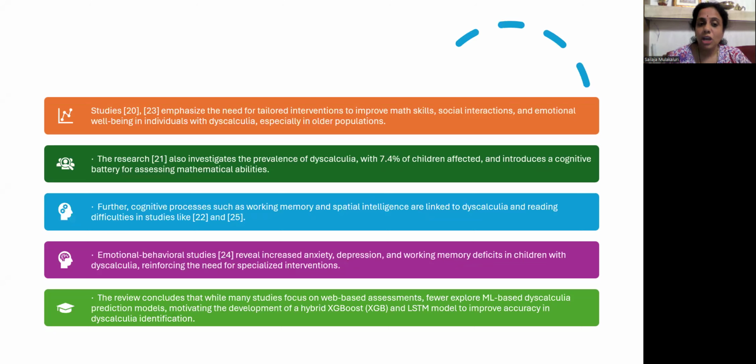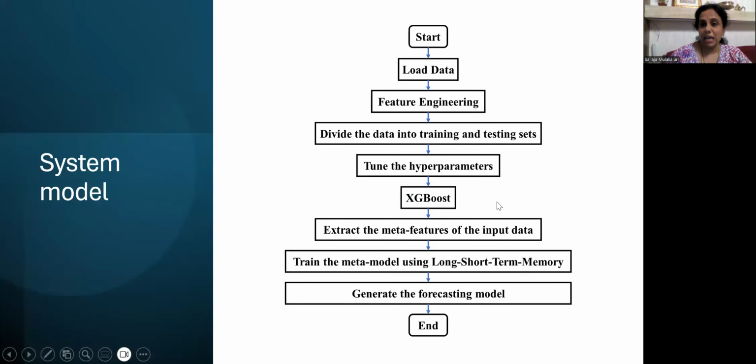Emotional behavioral studies reveal increased anxiety, depression, and working memory deficits in children with dyscalculia, reinforcing the need for specialized interventions. In this, various machine learning algorithms were used, which reached only up to 95% accuracy. A hybrid model of XGBoost and LSTM has increased the identification of dyscalculia.